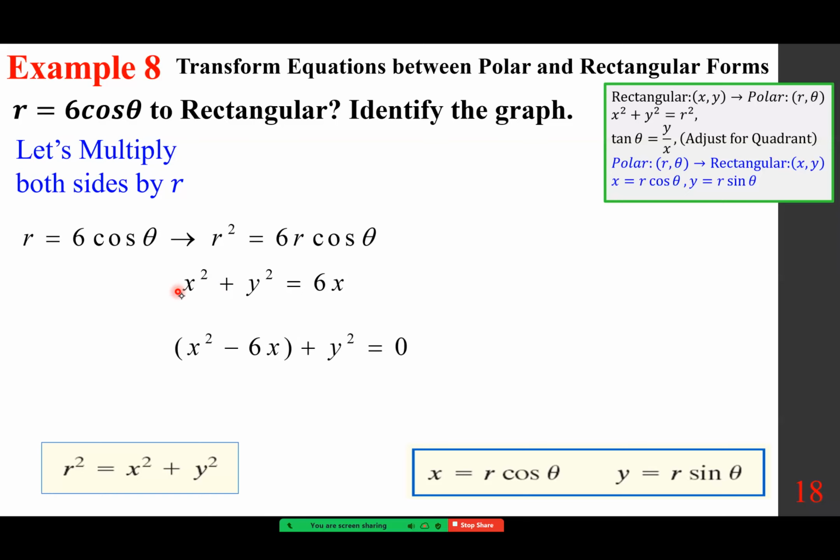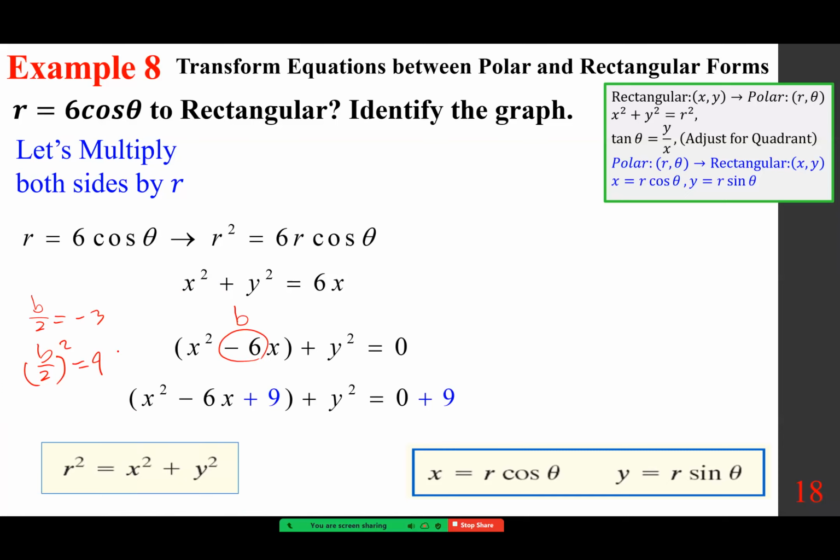And we are going to do completing the square. This is b, remember that. So b divided by 2 is -3. Squared is +9. We are going to add 9 to both sides.